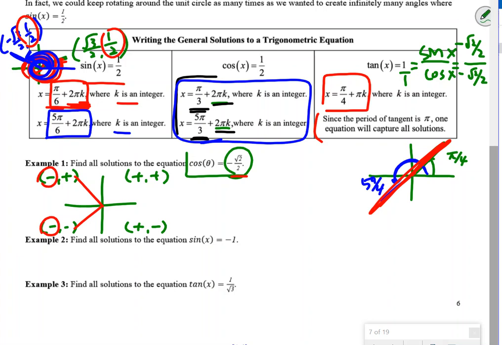Meaning the first answer is 3 pi over 4 from the unit circle. And when you do the same thing for the second one, I travel this much, which is 5 pi over 4 from the unit circle.